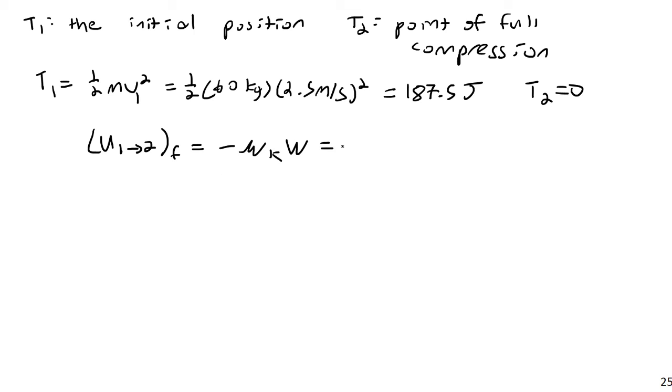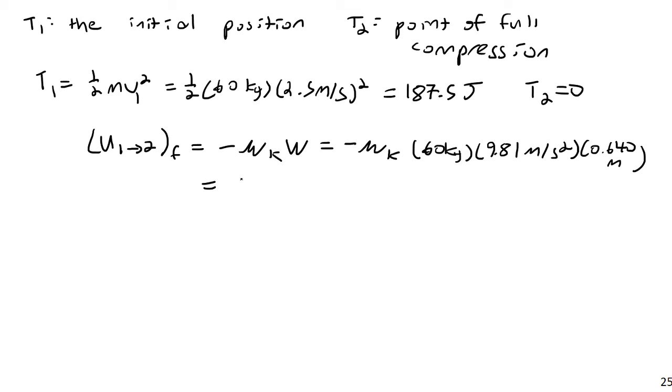So that's going to be negative mu kinetic times 60 kilograms times 9.81 meters per second squared times 0.640 meters. So U1 to 2 will simply be equal to negative 377 joules times mu kinetic.